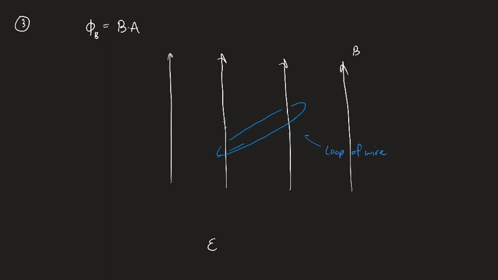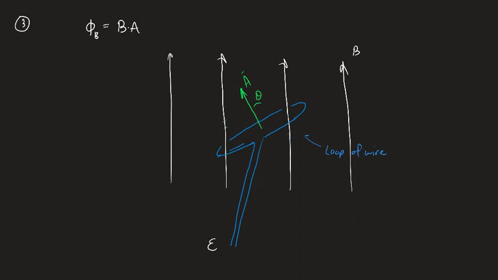All right, so my loop of wire. Something like that. So I have a loop of wire that perhaps I can twist inside the region that has a magnetic field. Now, careful here, the direction of the area will be that way, and it makes an angle of theta with the magnetic field.